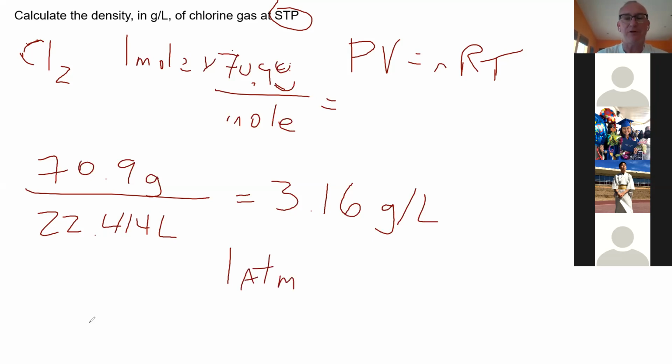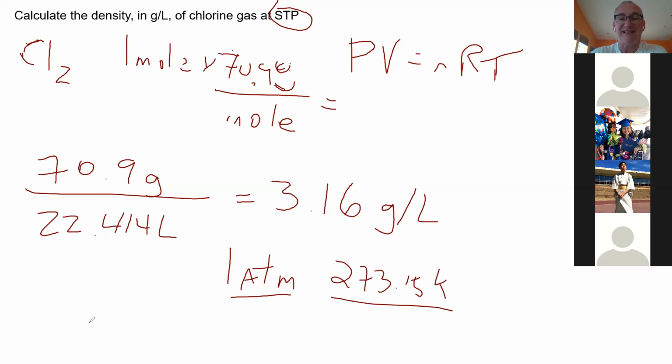And what's the standard temperature? 273, right, 273.15 Kelvin. So that's our standard temperature and pressure.